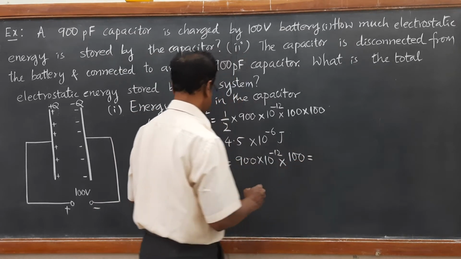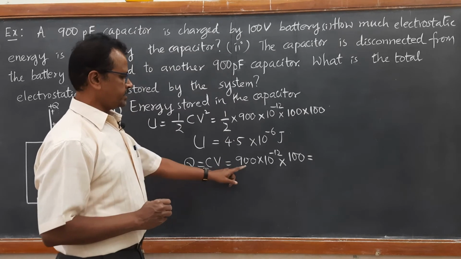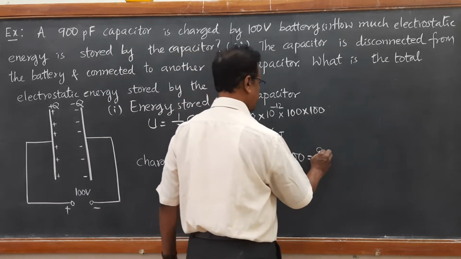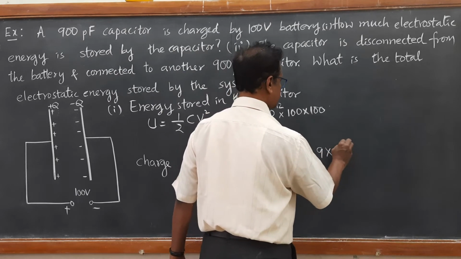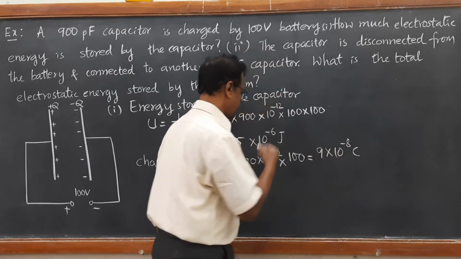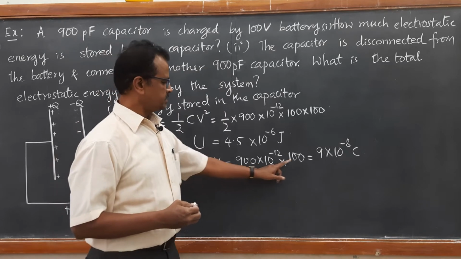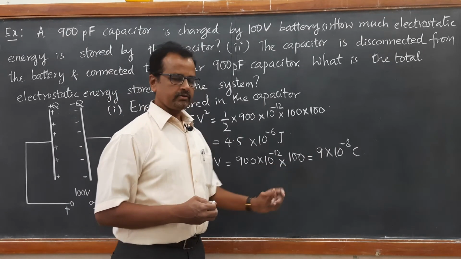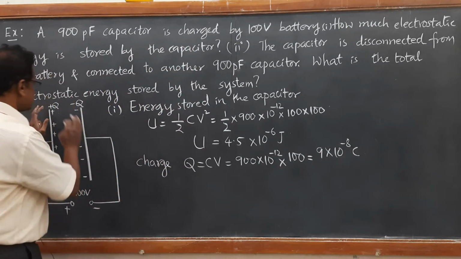So that becomes 9 into 10 to the power of minus 8 coulomb. So this is the charge that is stored here.